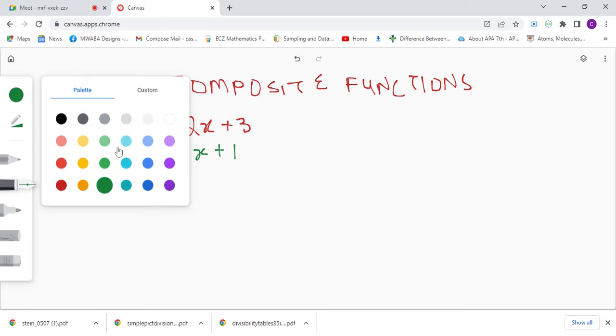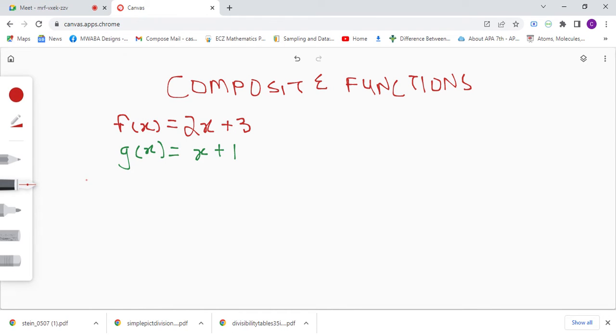So if we write the composite function like this, f, then in brackets, g of x, f g of x, this is our composite function.